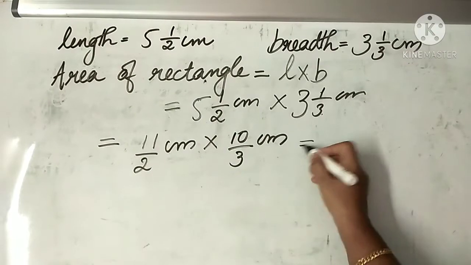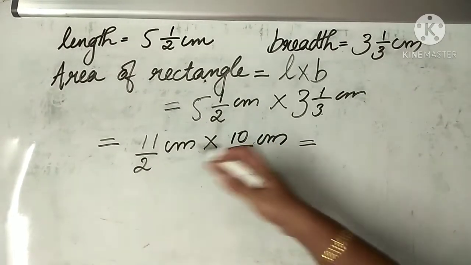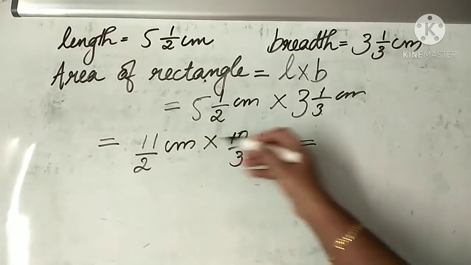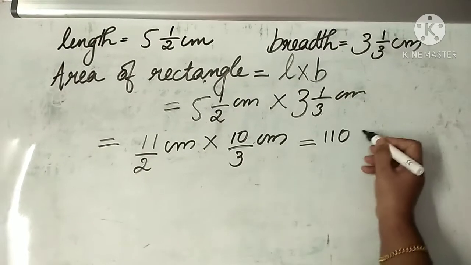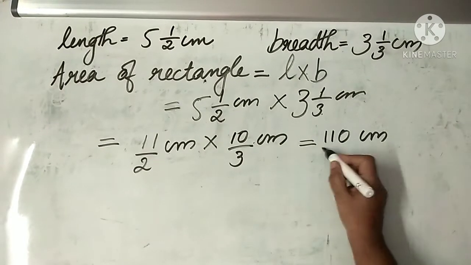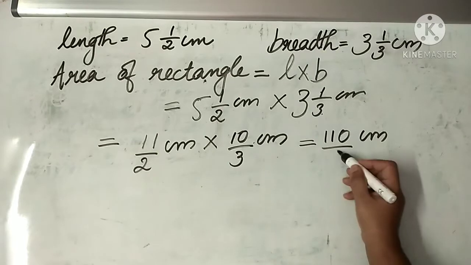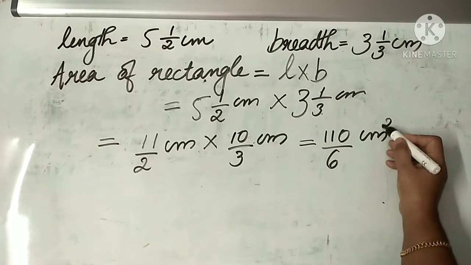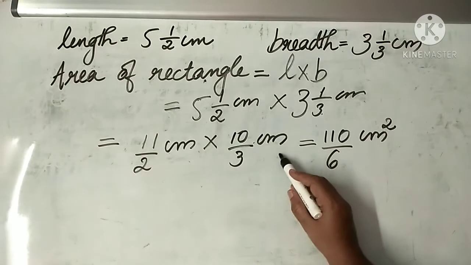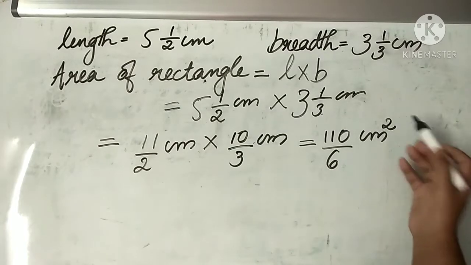That is equal to 11 into 10. Now we can directly multiply. 11 into 10, 110 centimeter divided by 2 3s are 6. Here it becomes centimeter square. Centimeter into centimeter, it becomes centimeter square.